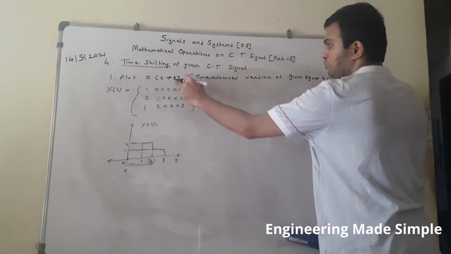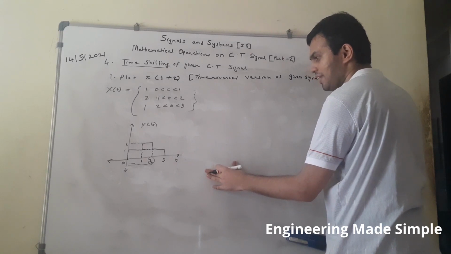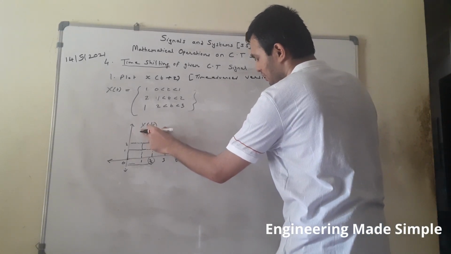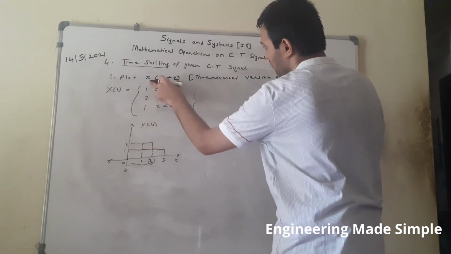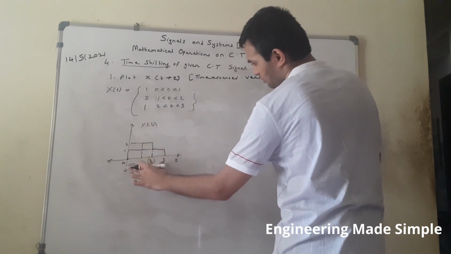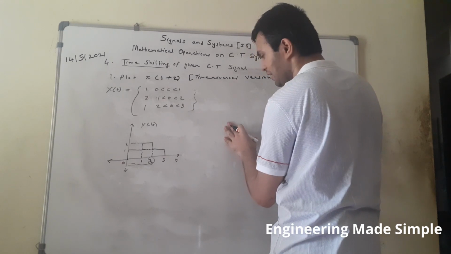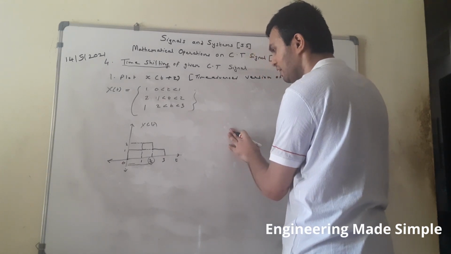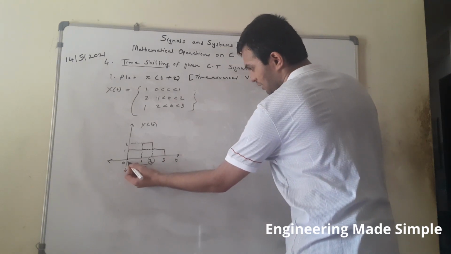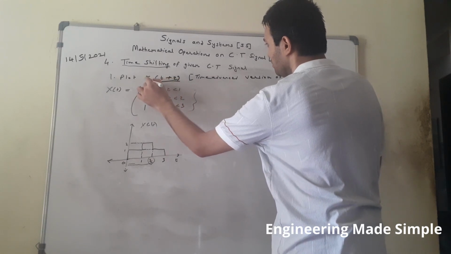As here plus 2 is there, we say time advance. When we say something is advanced, it means something is starting before its time. Here we have the given signal x of t, and x of t plus 2 is the time advanced version of x of t. Our signal x of t starts from t is equal to 0, but this time advanced version, x of t plus 2, starts earlier.